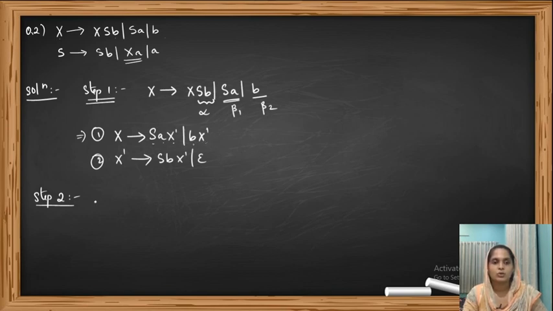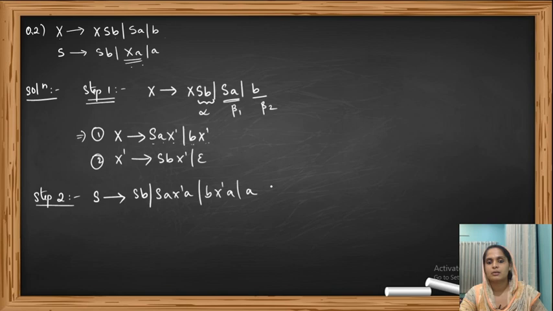So the production S will become: S produces, first term SB, we can write it as it is. The second term is XA, and in that XA we have to give the two values, SAX' A bar BX' A. And the third term is A, which we can write as it is.